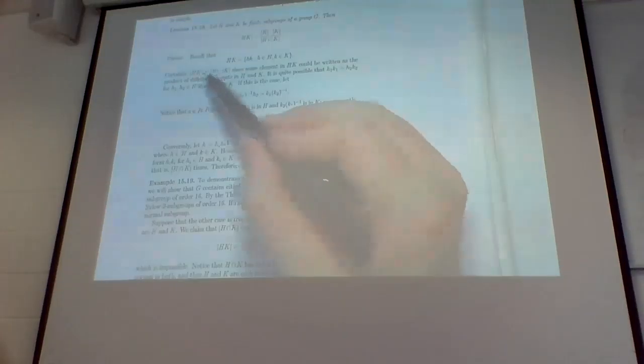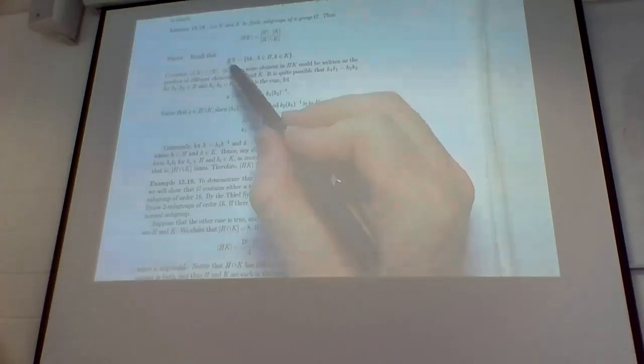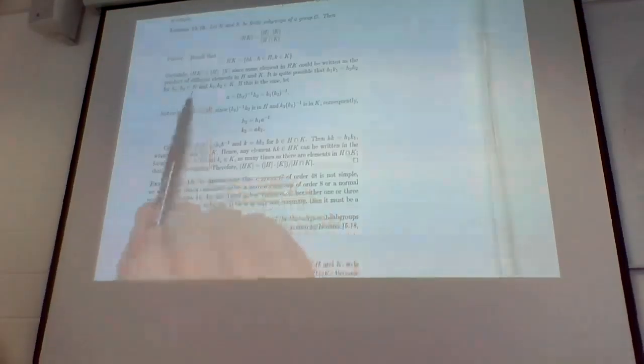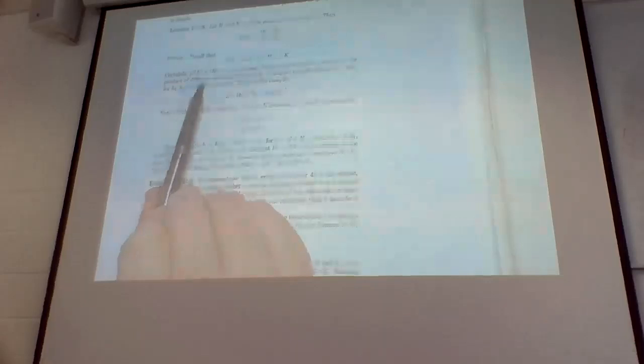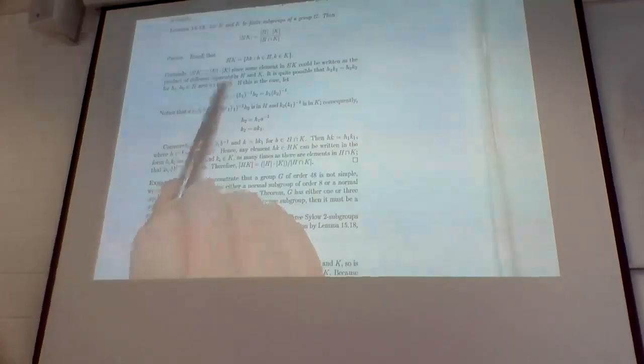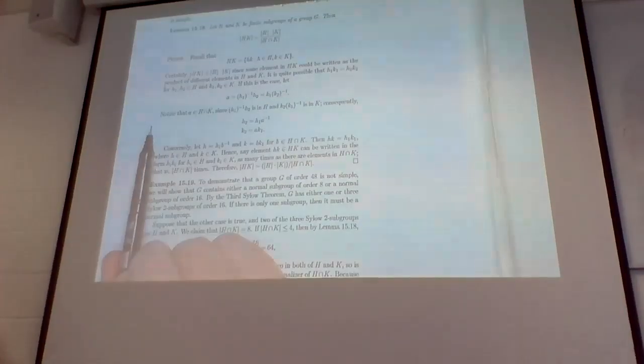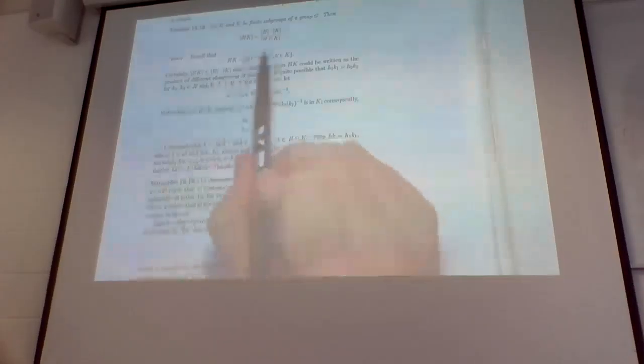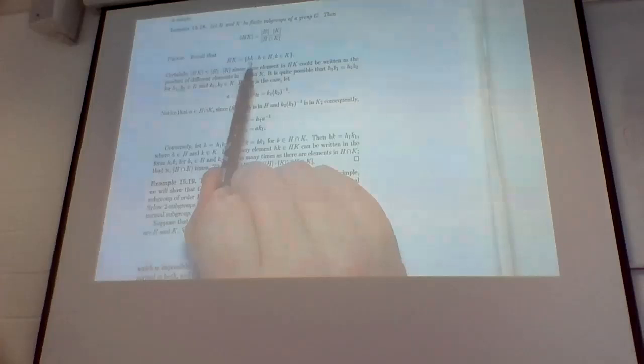So here's how the argument goes. So this is the product set HK. Certainly its size is less than or equal to the product of the two sizes. Okay? Because maybe every possible selection of a pair of elements gives you a new distinct element.